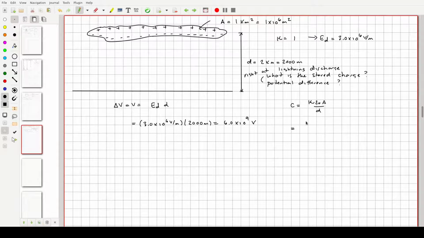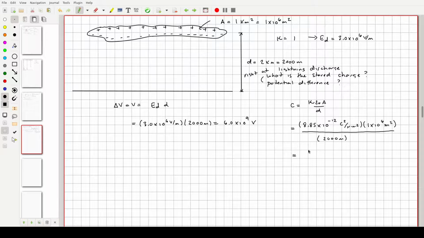So epsilon naught is 8.85 times 10 to the minus 12th coulomb squared per newton meter squared. The area here is 1 times 10 to the 6 square meters. And then we're dividing it by the distance between, which is 2,000 meters.